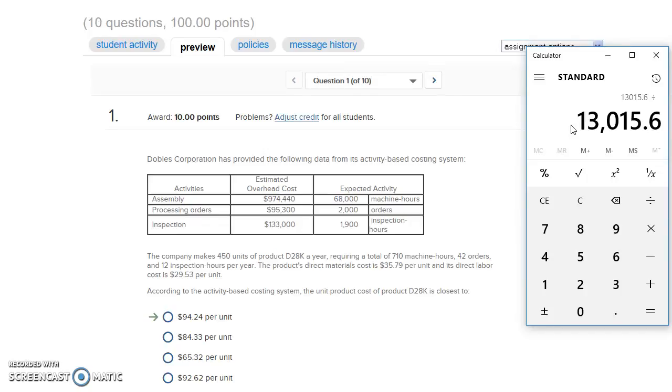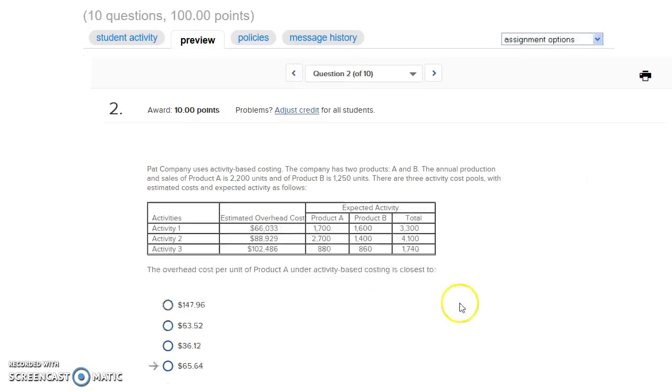So per unit, I'm just going to divide by 450. For overhead, I'm going to have $28.92-ish. I'm going to now add my direct material cost of $35.79. I'm also going to add my direct labor cost of $29.53. So the answer, of course, is going to be A, $94.24.